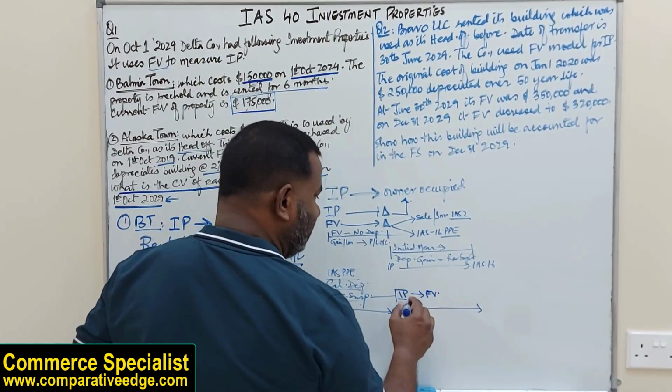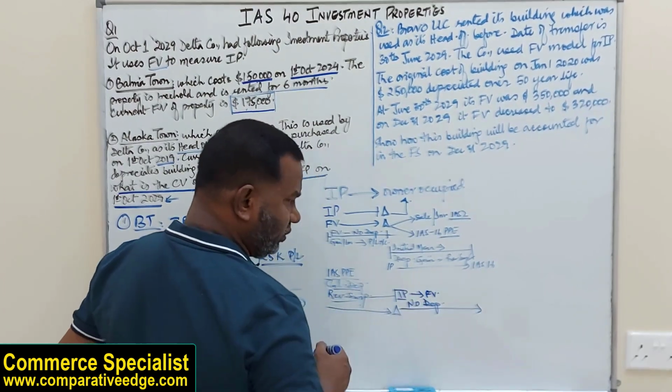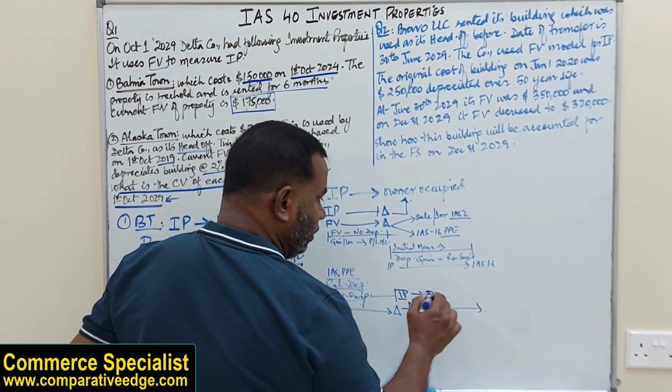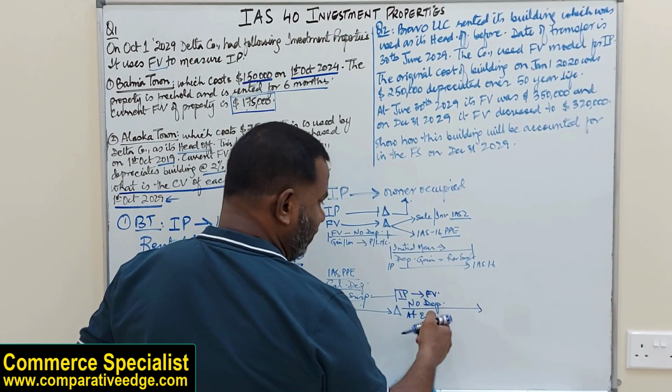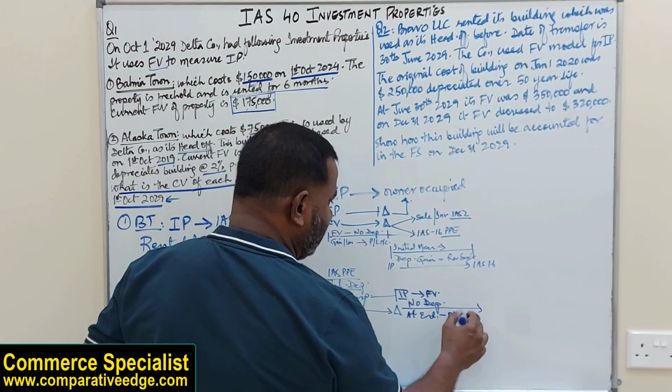Okay, and then there is no depreciation calculation. At the end of the reporting period, the difference between its fair value now and at the end of the reporting period, if there is any gain or loss, that will go to profit and loss account.